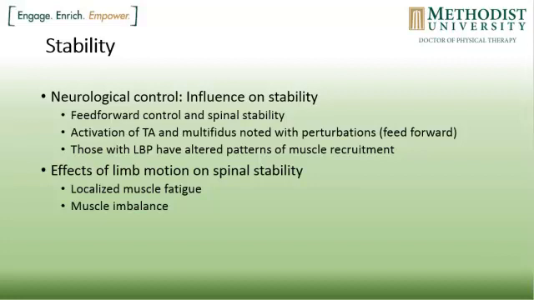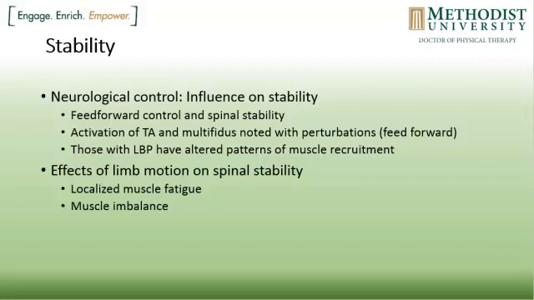And so being able to teach patients that feed-forward control and to be able to utilize those trunk muscles, those spinal stability muscles, is important. If they cannot, they have difficulty. That is one of those, they've lost one of the three main ways to help stabilize their spine.